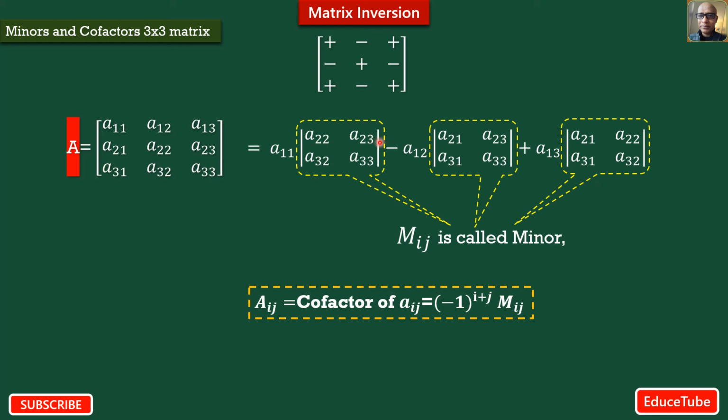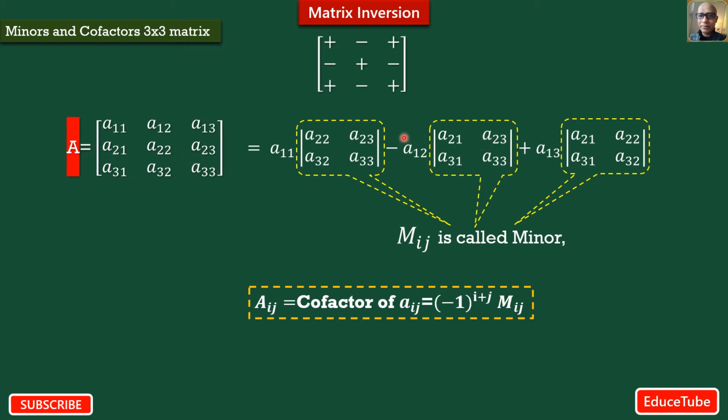So I did this. Again I have to put minus. If you look at this one, you see this position is minus because I am here at A12. So here I will cancel this row and column. So the remaining is this and this. So it came here.